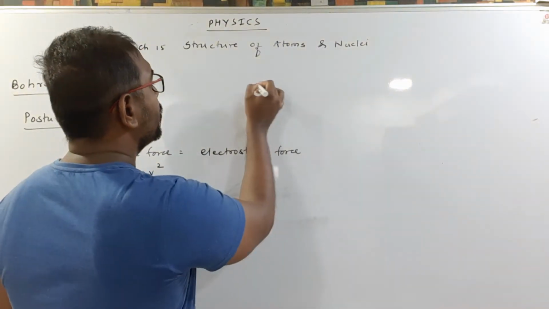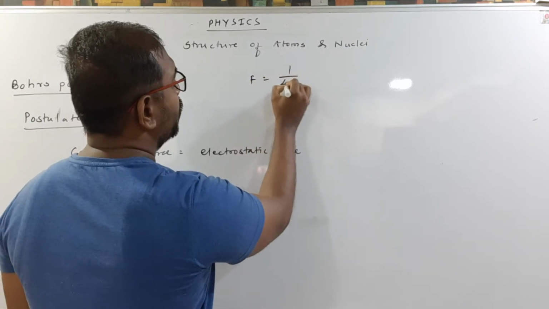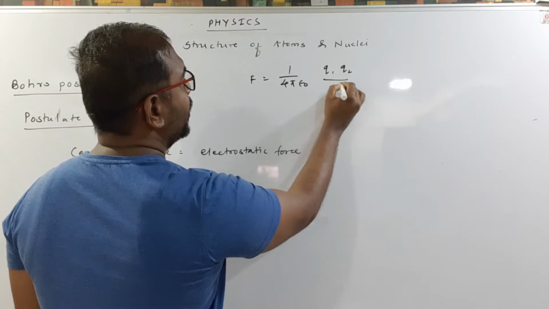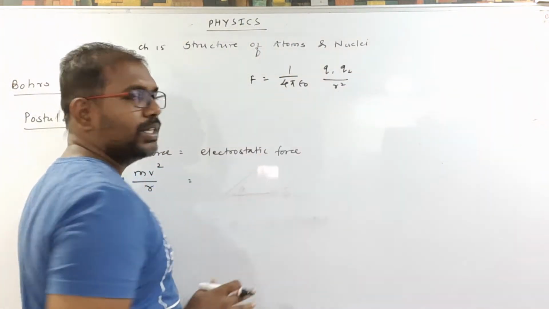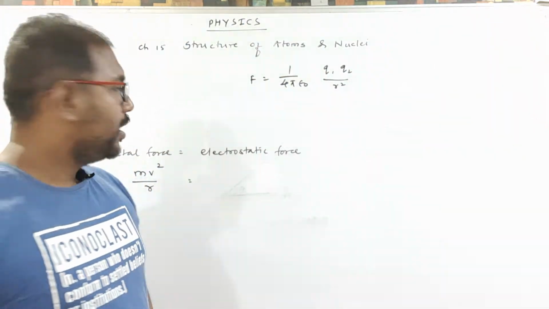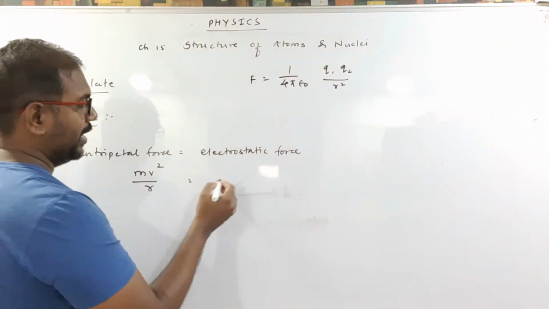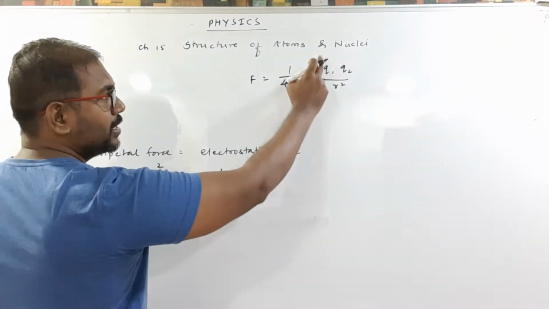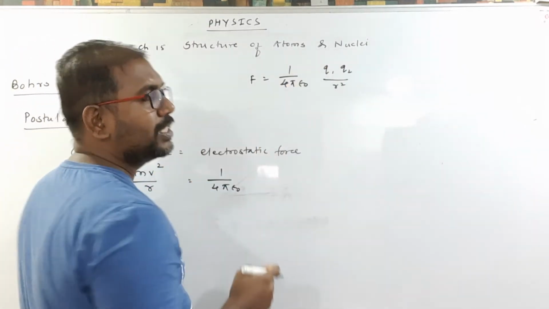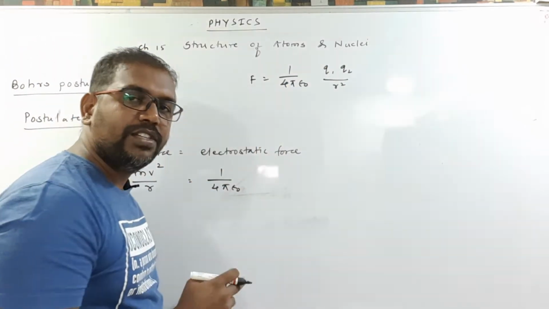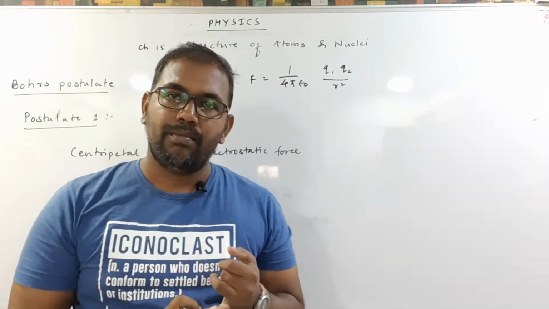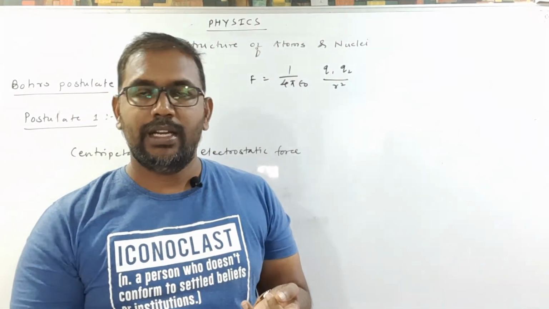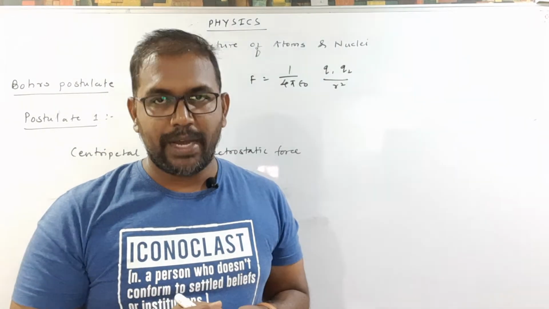The electrostatic force we get by Coulomb's law. You know that by Coulomb's law, the electrostatic force is this constant into Q1 Q2 divided by r square. Here for the electron I write the constant 1 upon 4 pi epsilon 0 as it is, times the charge on the electron multiplied by the charge on the nucleus. In the hydrogen atom there is only one electron and one proton, so the charges on proton and electron have the same magnitude.